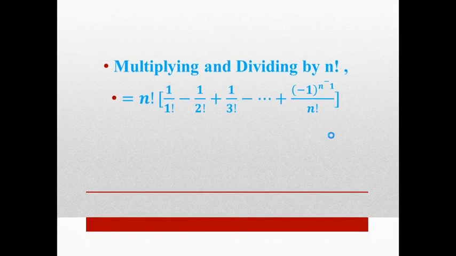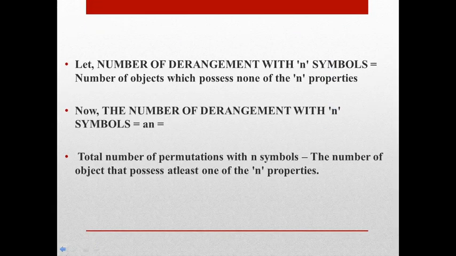Now we have to find the derangement. I have already told what derangement is: no symbol should occur in its original position. The formula is the total number of permutations of n symbols minus the number of objects that possess at least one of the n properties, which gives the number of derangements, that is the number of objects which possess none of the n properties.